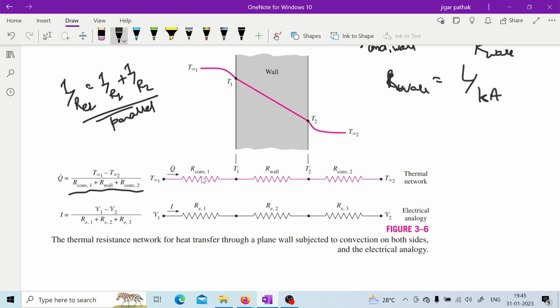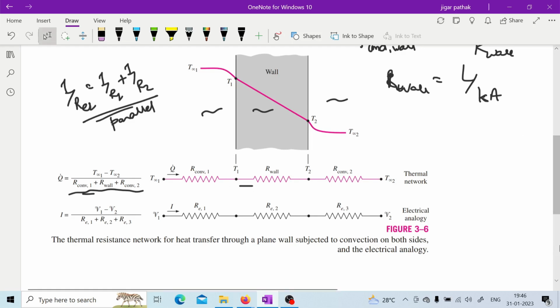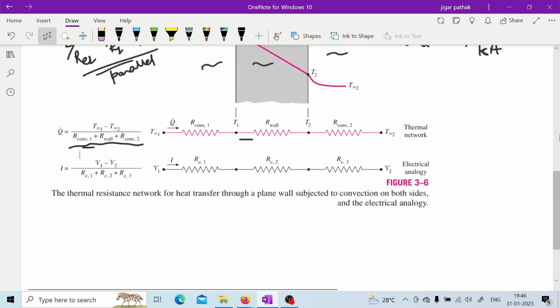For convection, you know that 1 upon hA is the resistance. So if heat is transferring, there will be convection in this region, then conduction here and convection here, so the total resistance will be added, as mentioned here.